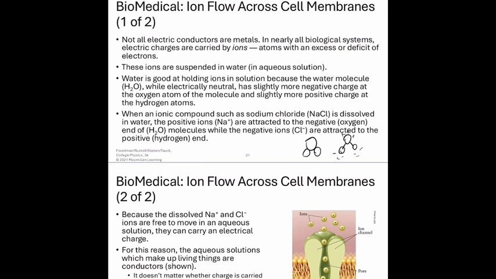This is where it starts to get pretty interesting. We're not going to get into this stuff too much, but it's really just there to show you that the physics that we're talking about here is not all about metals and electricity and things like that. There are a lot of biological aspects that are explained by the physics that you're going to learn in this course.